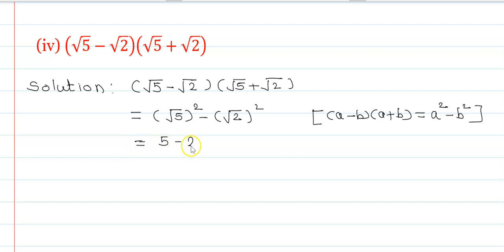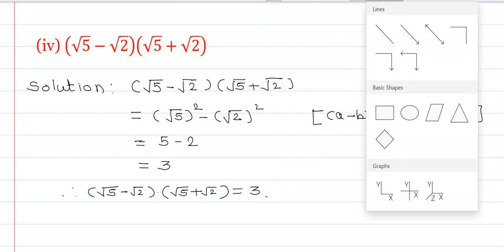Root 2 square is 2. 5 minus 2, you are getting 3, and therefore the answer is root 5 minus root 2 into root of 5 plus root 2, and that's equal to 3. This is the answer.